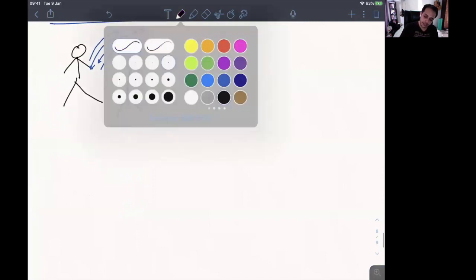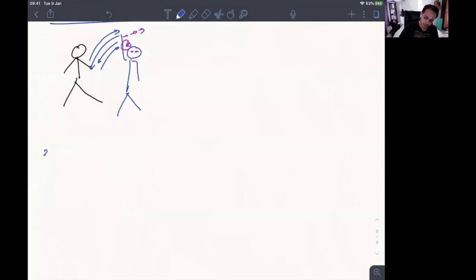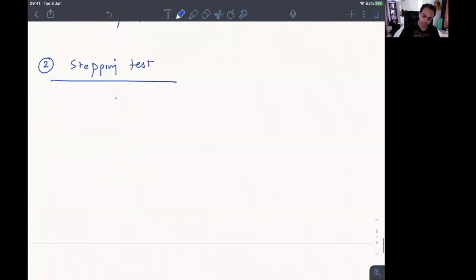There is another test called the stepping test. The stepping test is done by asking the patient to step up and down on the same spot with the eyes closed.